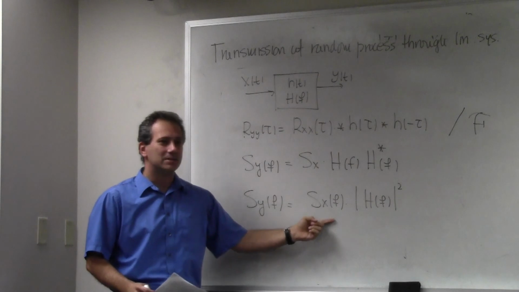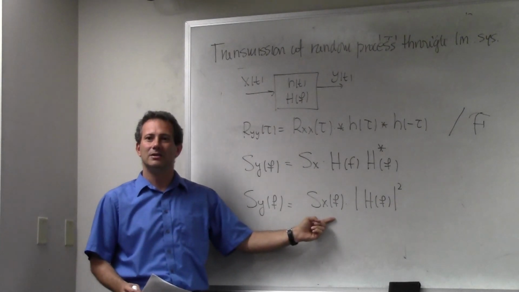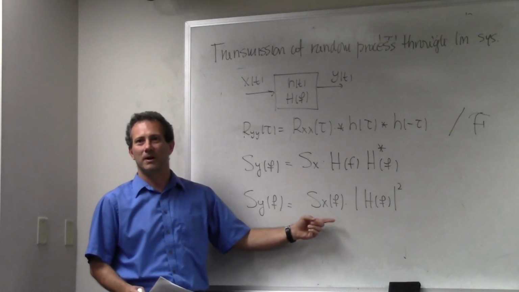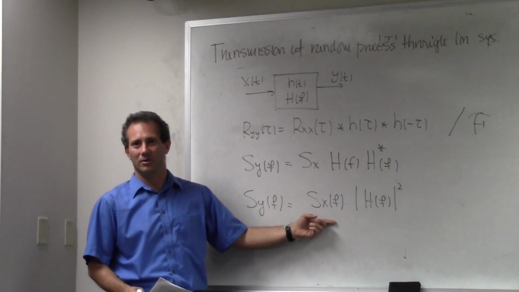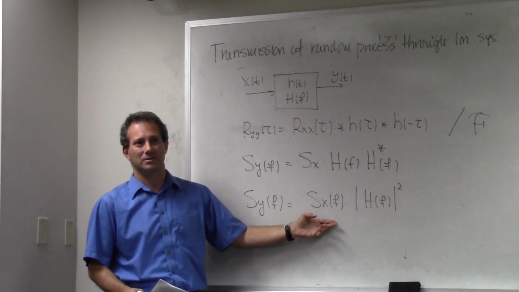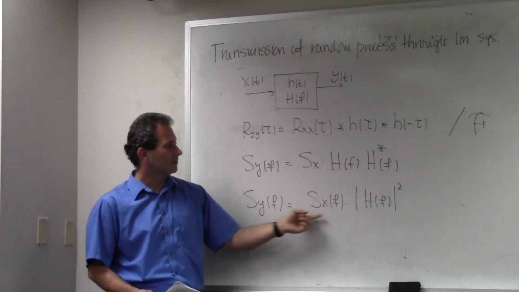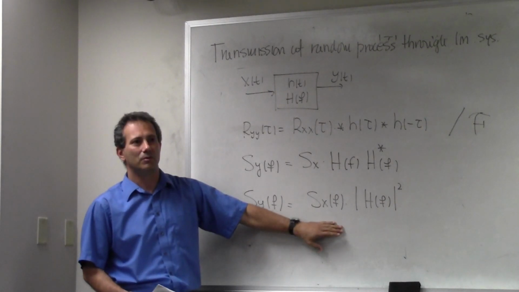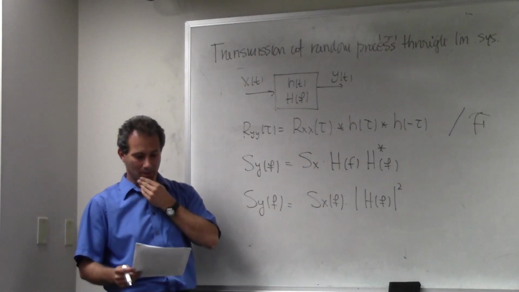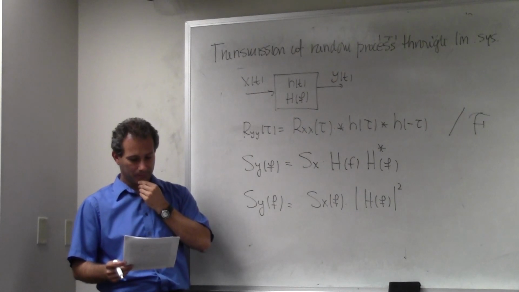This tells us exactly how the linear system changes the power spectral density of your random process, right? And that's one of the most fundamental formulas that we're going to be using throughout this course.